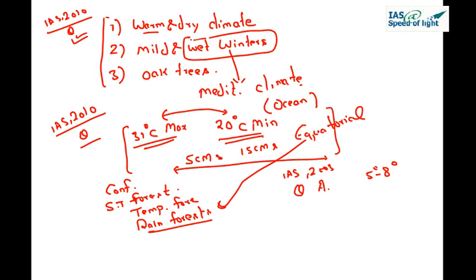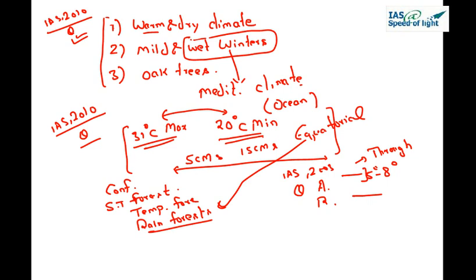This is an assertion and reason question, and the reason is the high temperature and high humidity cause convectional rainfall to fall mostly in the afternoons near the equator, right? So the assertion is that around the equator it rains throughout the year, and the reason is that because of high temperature and high humidity, convectional rain falls almost every day.